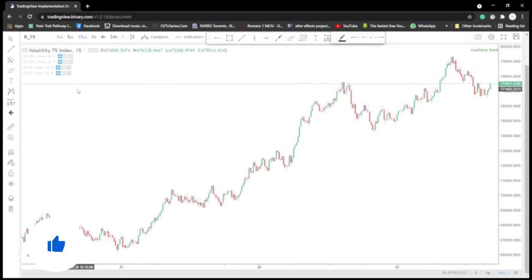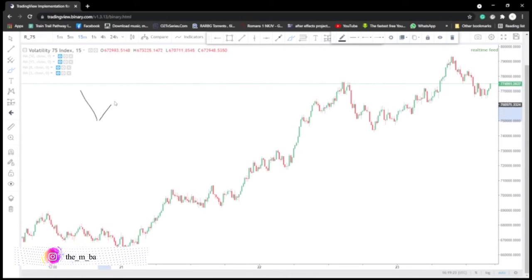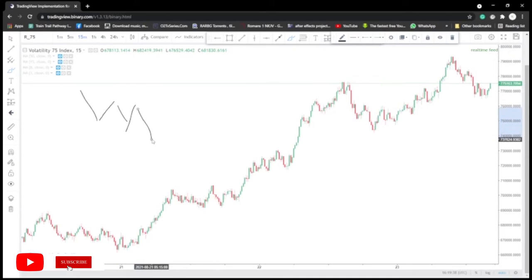I said that a level looks like this, and then it has a retracement. This is an impulsive move, retracement, impulsive move, retracement, and again an impulsive move. So as you can see, we have three levels, guys.